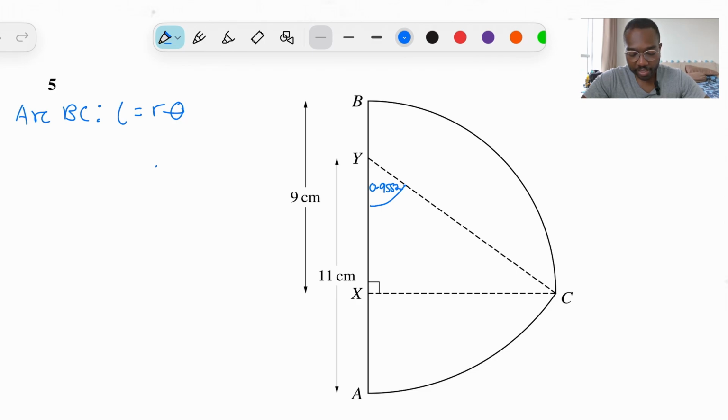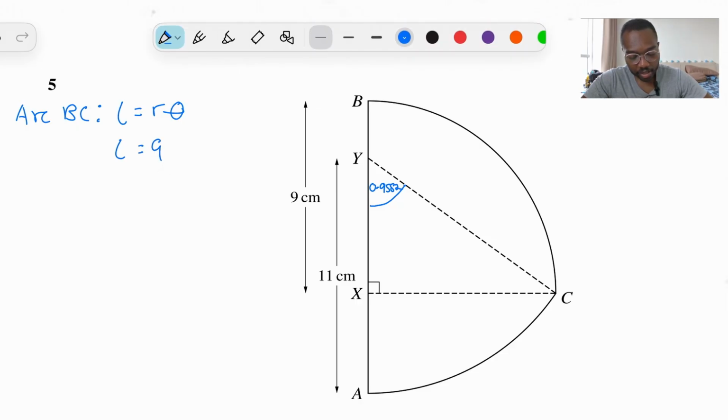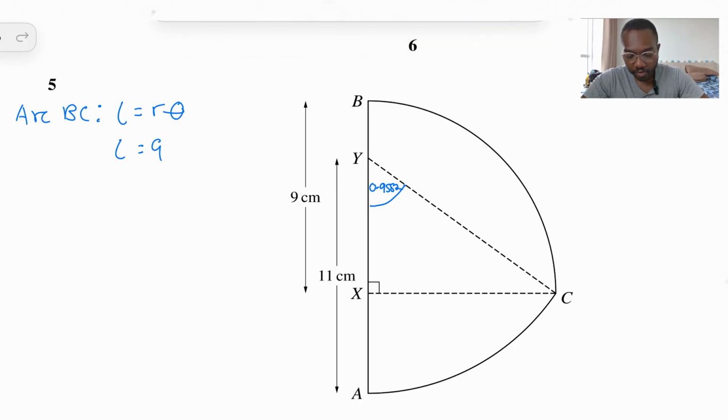Now that's fairly easy because we know what the radius is. We know the radius is just 9, so it will be a 9. And for the theta value, at first it may be like, what is the theta value? But remember that it's arc BC. So if this is the arc, this is the angle we're looking at. But as we can see, this is a right angle.